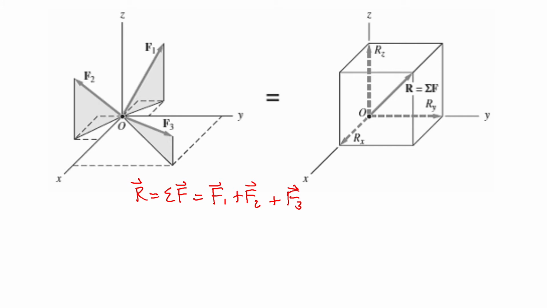In order to get the components of the resultant vector R, Rx is the summation of Fx, Ry is the summation of Fy, and Rz is the summation of the components Fz.